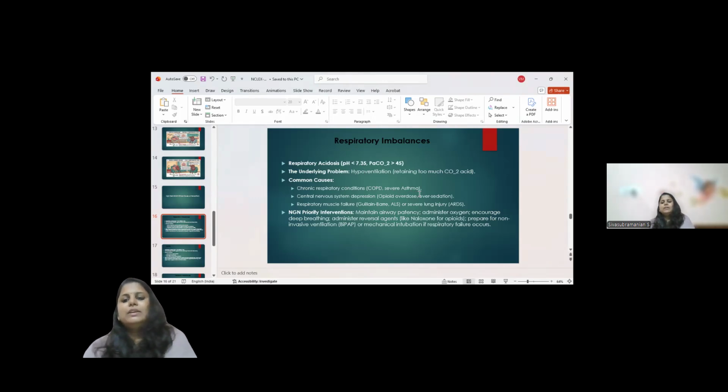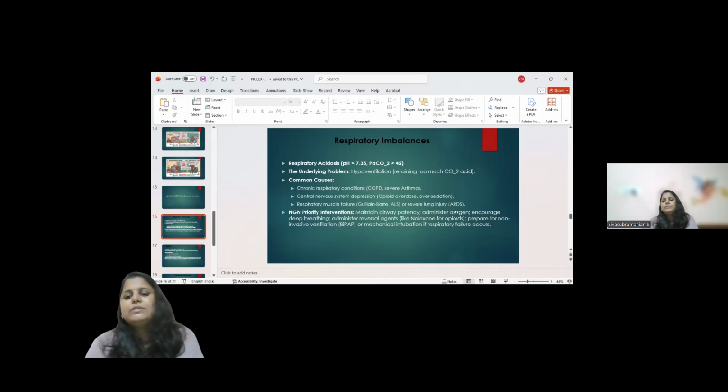Respiratory muscle failure, in scenarios like Guillain-Barré syndrome, amyotrophic lateral sclerosis, or severe lung injury like ARDS, we can see respiratory acidosis. When it comes to NCLEX, the priority intervention is to maintain airway patency.